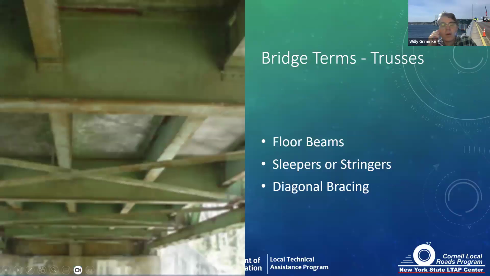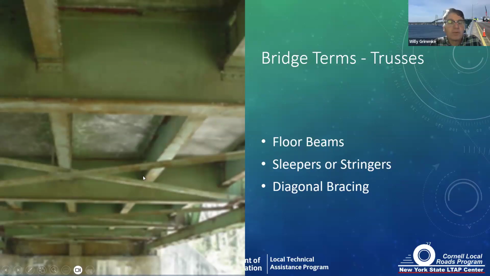So underneath the truss, supporting the load, we will have floor beams, and those extend basically between the gusset plates at the various nodes.